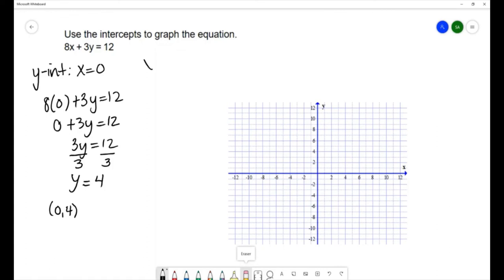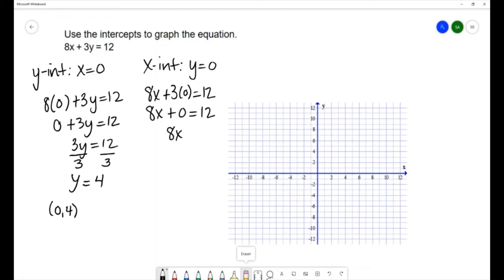Then I'll find the x-intercept. I'll find the x-intercept by letting y equal 0. So I'll substitute a 0 in for y, giving me the equation 8x plus 3 times 0 equals 12. 3 times 0 is 0. 8x plus 0 is 8x.